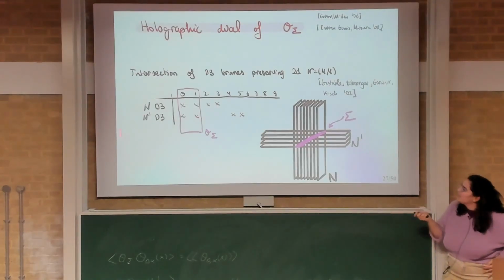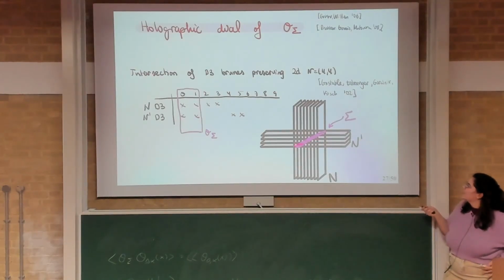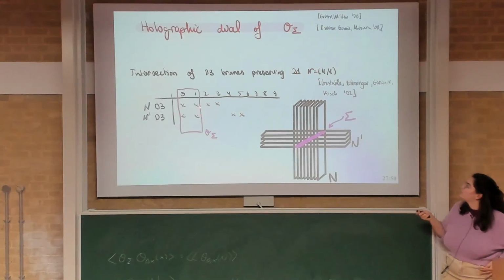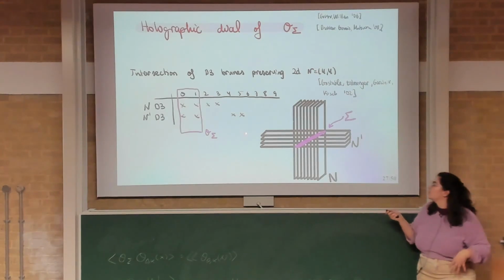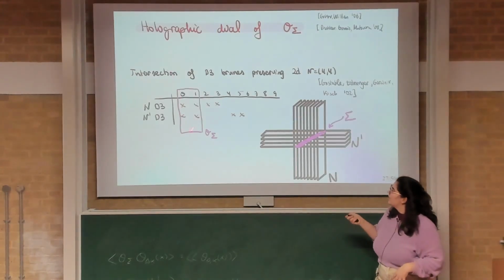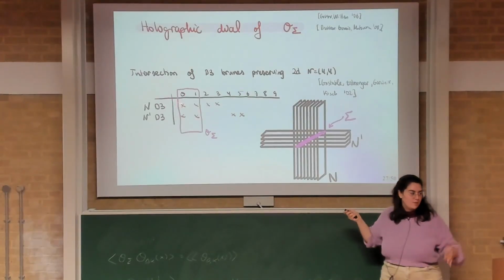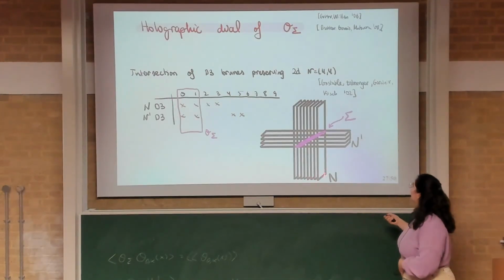But there is this configuration that in the intersection preserves N=(4,4) supersymmetry, the same as the surface operator. And you see that they intersect along this two-dimensional surface, that is where the defect lives.